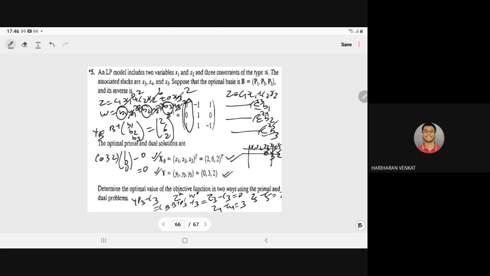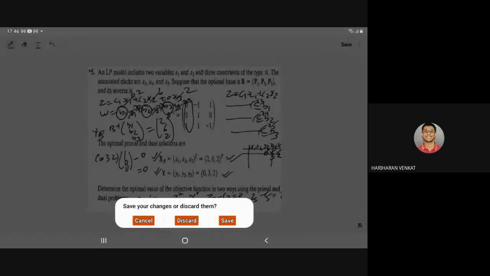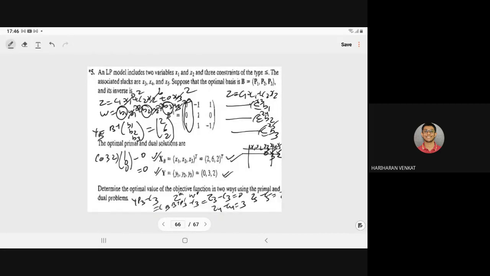And similarly, one more thing. CB we have to take corresponding to P1, P2, P3. So CB B inverse will be C1, C2, 0 corresponding to P1, P2, P3.